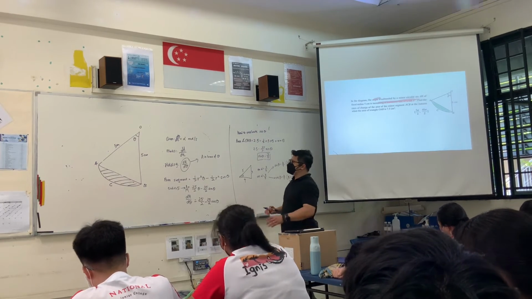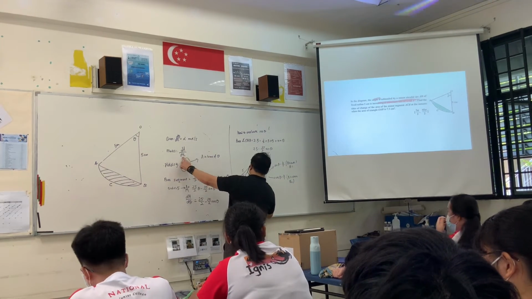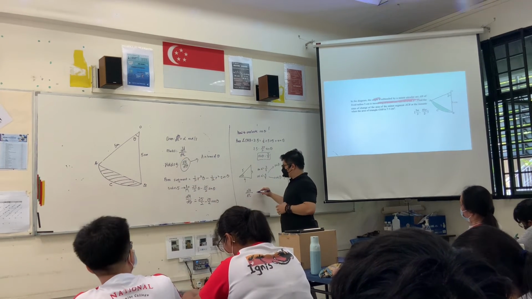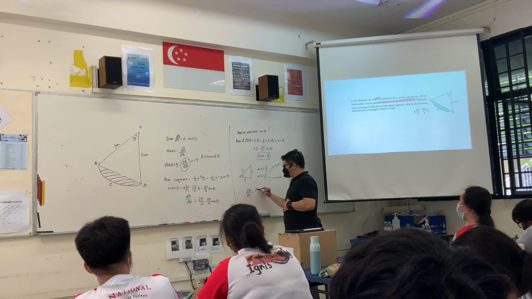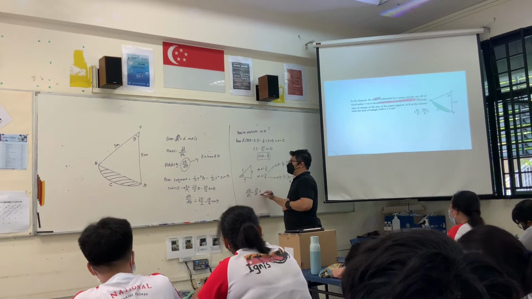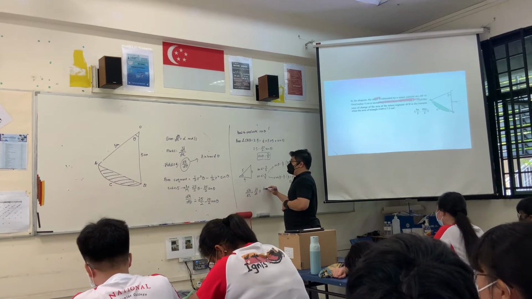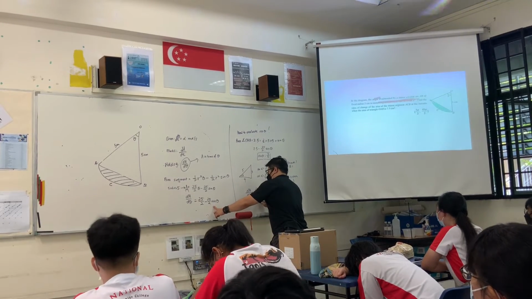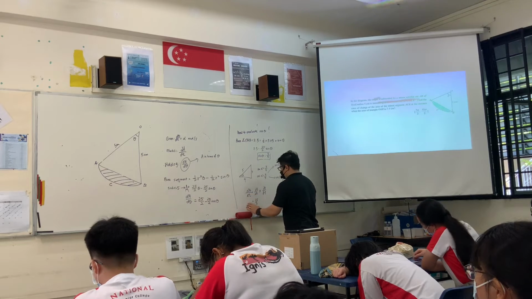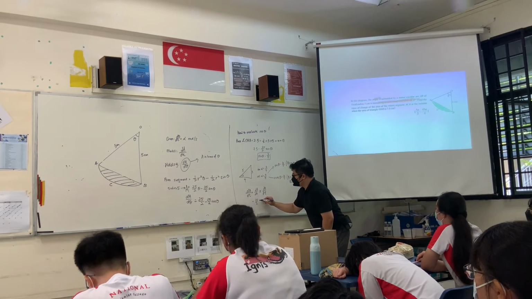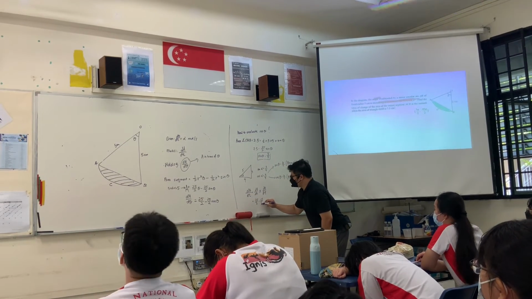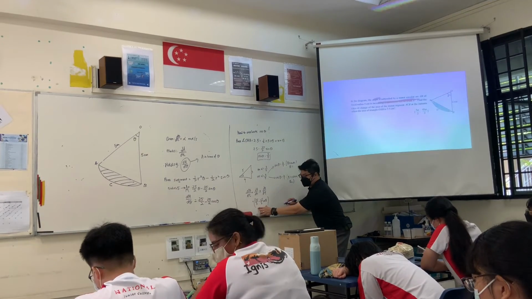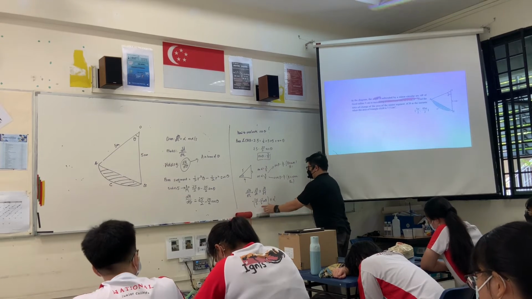Okay, so the final answer, you know that your dA/dt is supposed to be dA/d theta times d theta/dt, which is 25 over 2 minus 25 over 2 cos theta, multiplied by alpha.